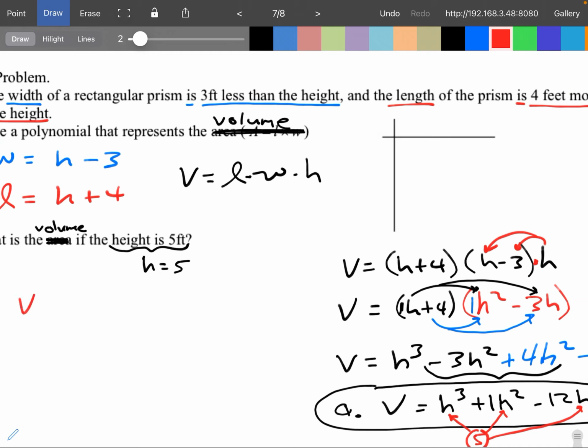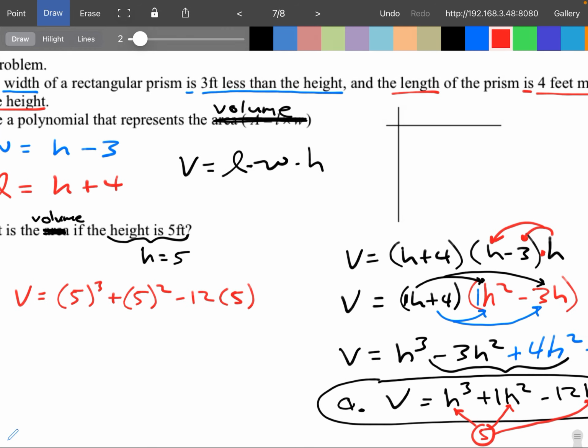If we do that, we would get the volume is 5 to the third power plus 5 to the second power minus 12 times 5. So I just replaced the h in my volume formula with the 5.